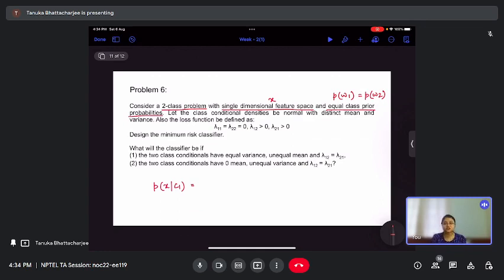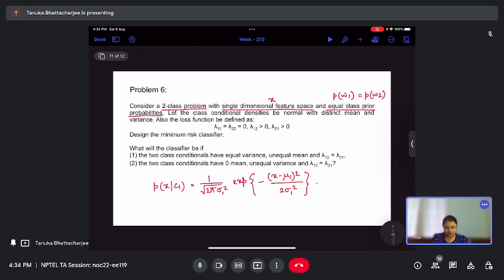So the class conditional density for class C1 will be, as we know, the normal distribution, exponential of minus x minus mu 1 square by 2 sigma 1 square. So this is basically our normal distribution with mean mu 1 and standard deviation sigma 1.